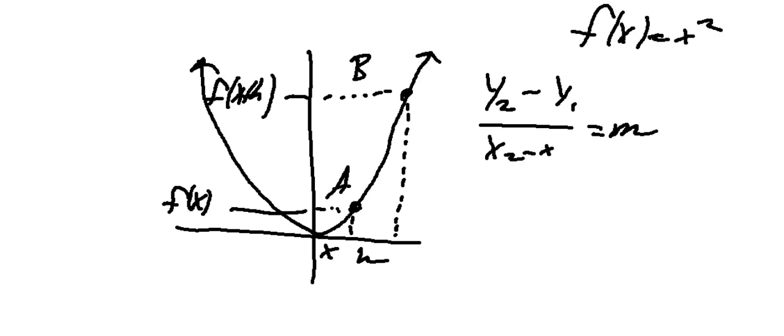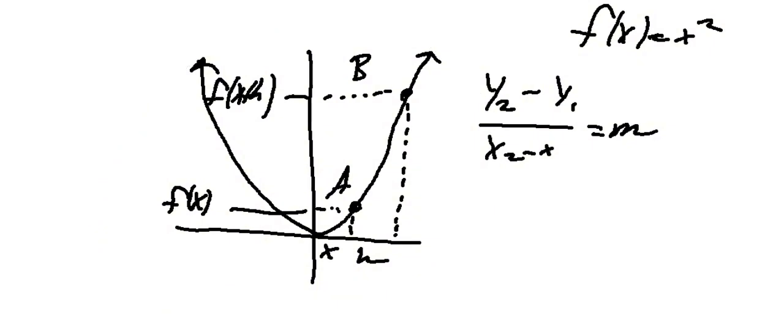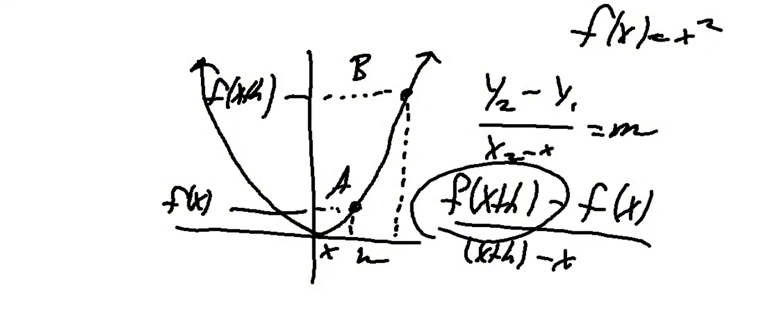So how can we manipulate this to fit our example with x's and h's? So we can rewrite this as this. So this works because f of x plus h is the first y value.